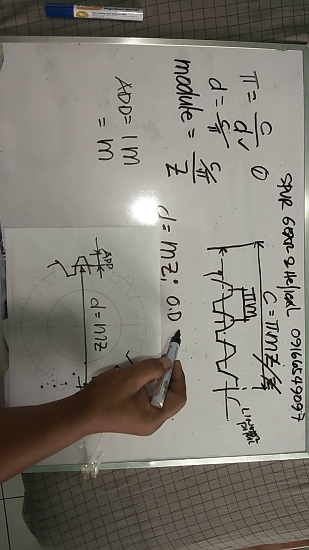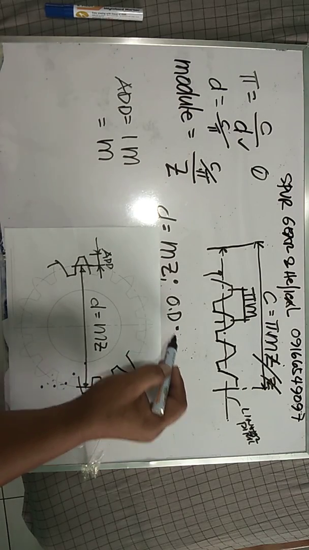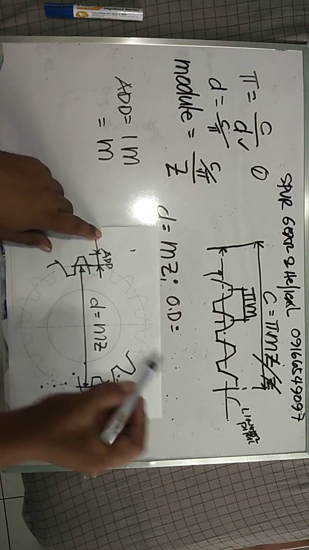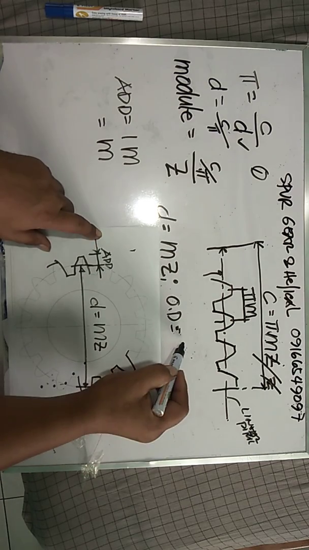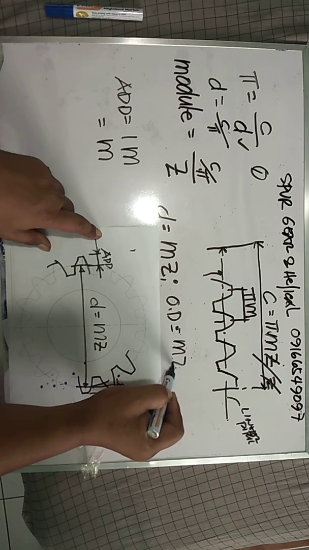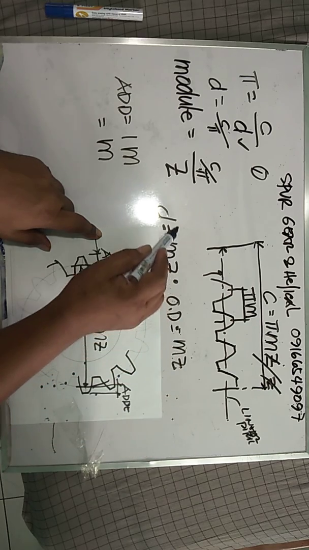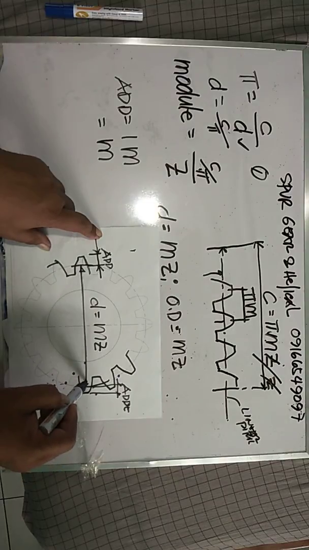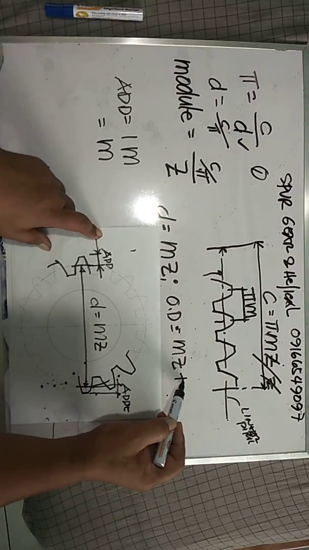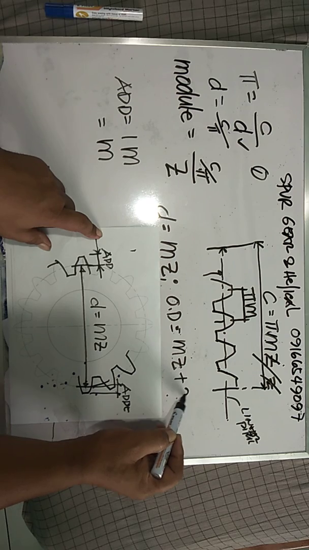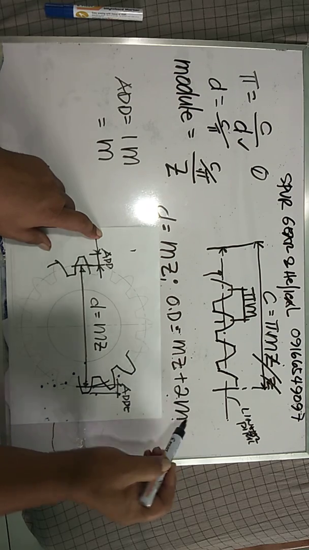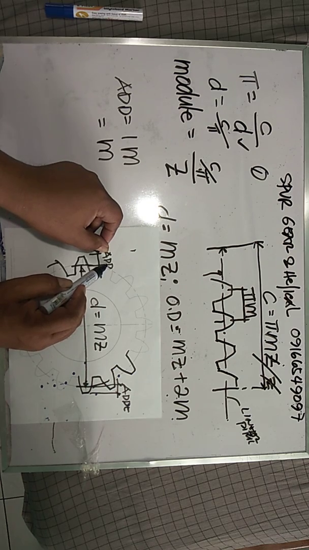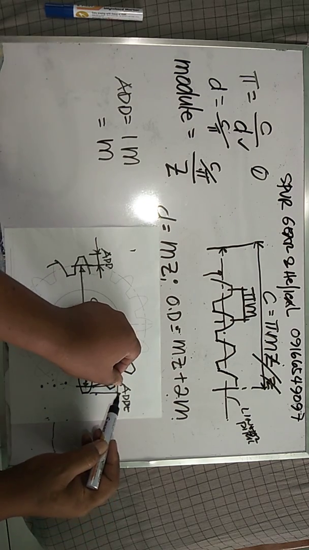So the outside diameter of the gear is simply module times teeth, which is the pitch circle diameter, plus 2 module, because this addendum is equivalent to the addendum on the other side also.